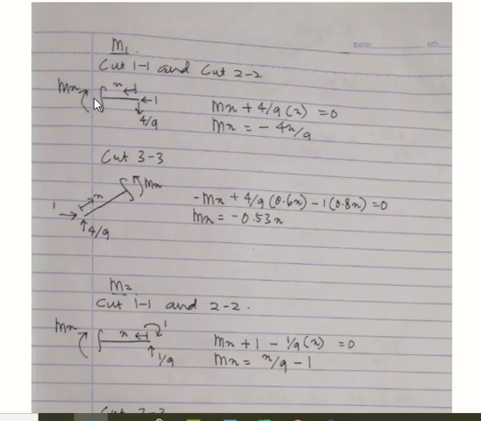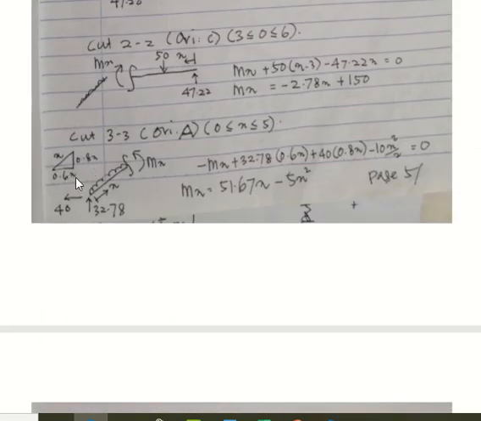Again, you calculate the moment equation for cutting number 1 and number 2, and you consider clockwise moment as a positive value. So Mx plus 4/9 multiplied by x. And for cutting number 3, you consider the left-hand side structure, minus Mx plus 4/9 multiplied by this distance. This distance equals 0.6x, as mentioned here.